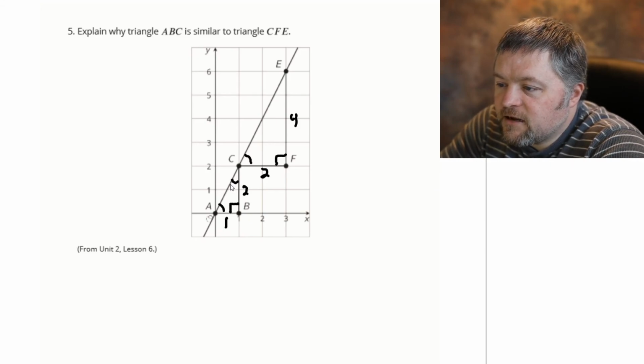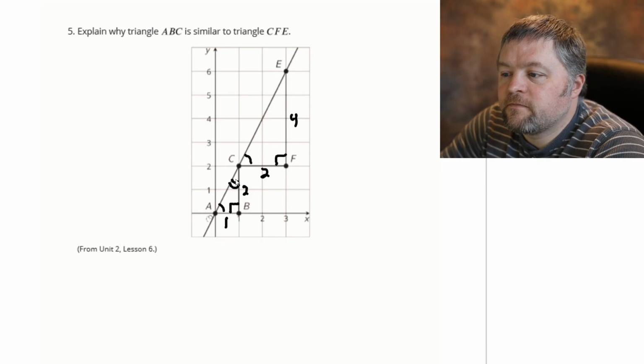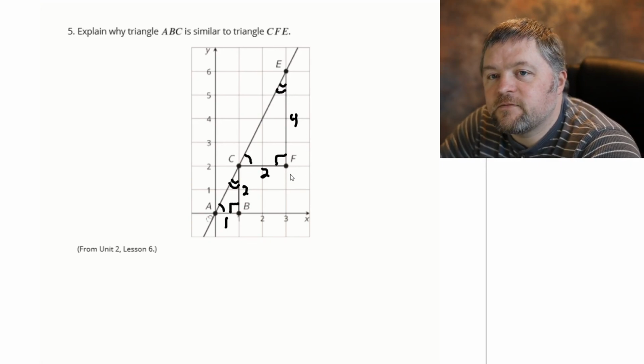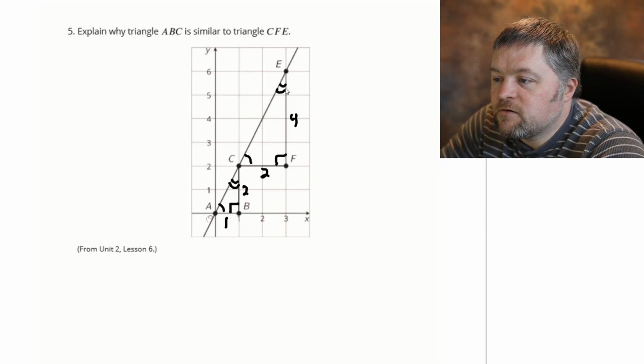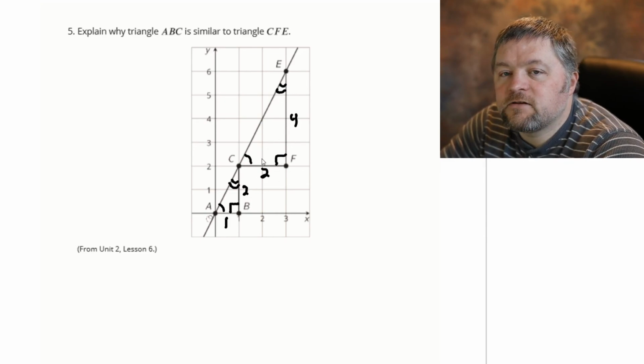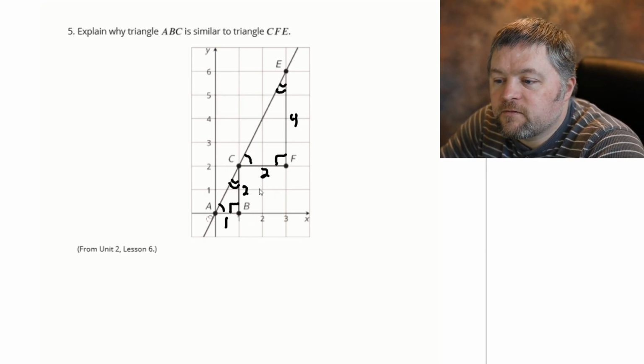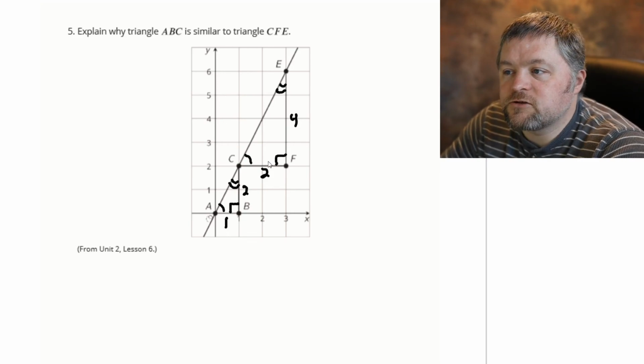This angle here goes from our line to vertical, and this angle here also goes from our line to vertical, so those angles have to be congruent. So all of our angles are congruent to each other, and there is a consistent scale factor of 2 going from the small triangle to the larger triangle.